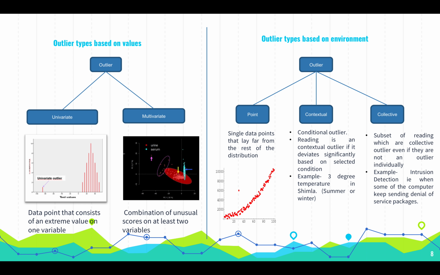If a single computer was doing that, that would be fine. But collectively, if 5 or 6 computers are doing that, it's an intrusion detection case, and we need to find out if there's an intrusion in our network.